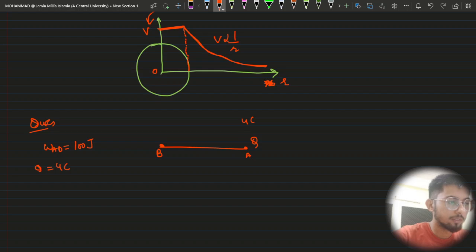It says the work done in moving a charge of 3 coulomb from a point A, which is at a potential of minus 2 volt, to another point B is 18 joules. Page 5 in the book, like the PDF page is 5. I'm looking at my book.